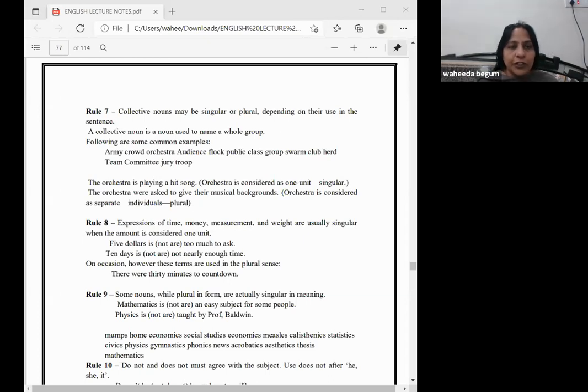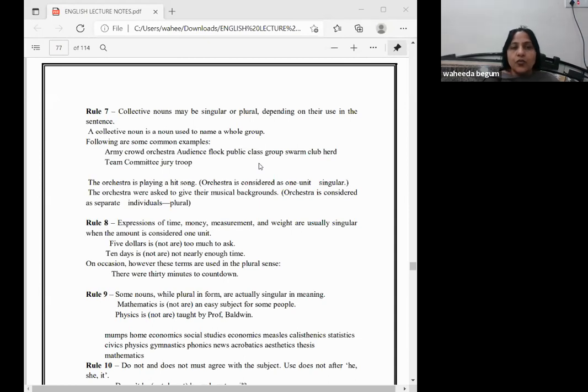Army of soldiers. A crowd of unruly demonstrators. An orchestra of musical band. Audience, a group who are a large audience. Flock is used for birds. Public is a group of people of different ages. Class, a class of BTech first year ECE. Group of students, group of people.